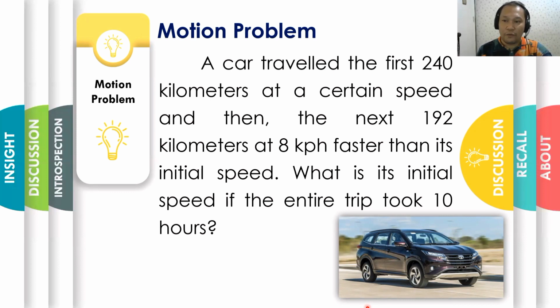The first 240 kilometers at a certain speed, and then the next 192 at the initial speed plus 8 kilometers per hour, because it was stated in the problem that the next 192 kilometers were at 8 kilometers per hour faster than its initial speed. The question here is, what is its initial speed if the entire trip took 10 hours?